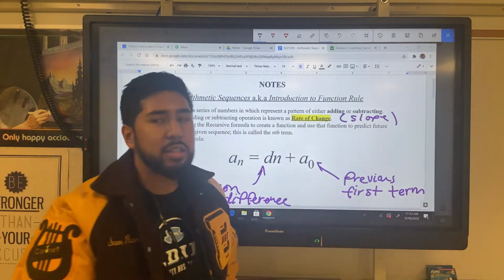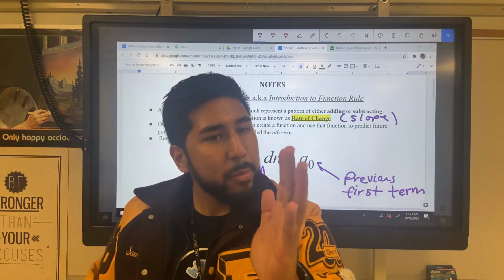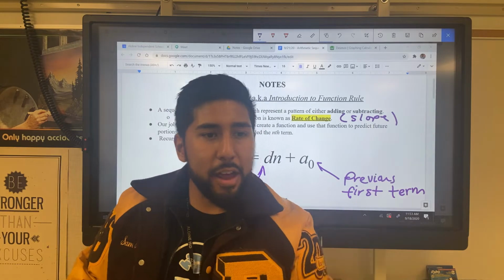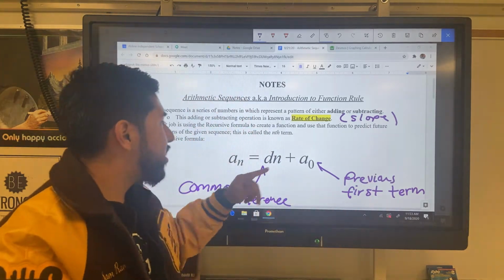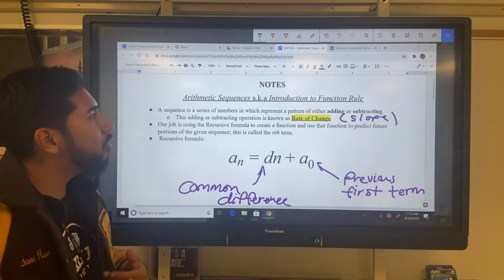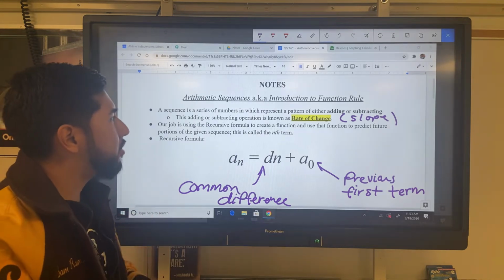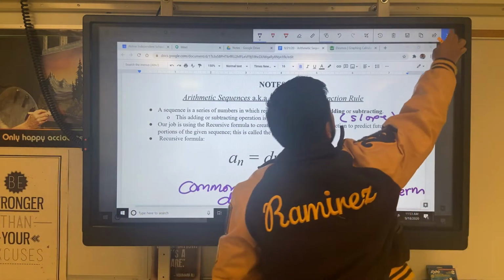So when you're given a sequence, you always have a number that they give you first, and you have to go in front of it to get my A0, and this is going to make our life a whole lot easier, okay? So let's keep going.